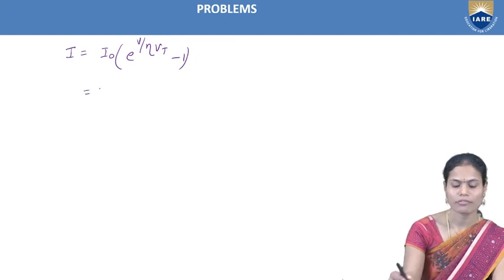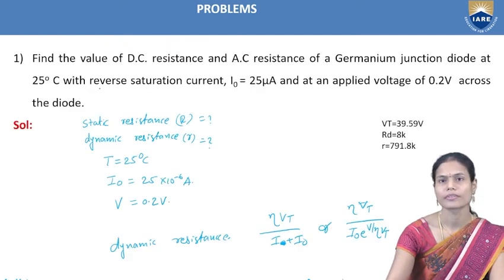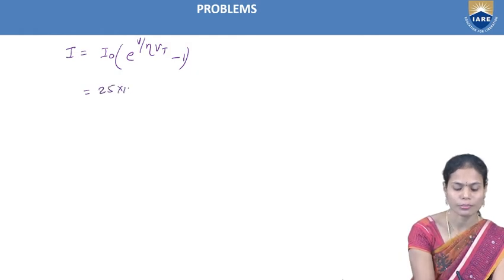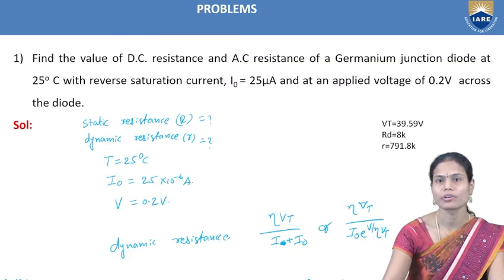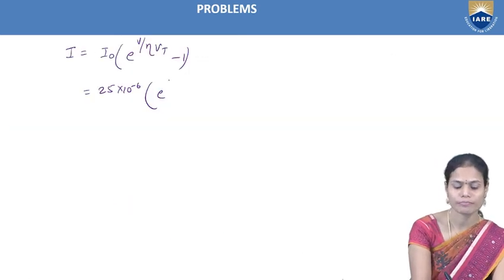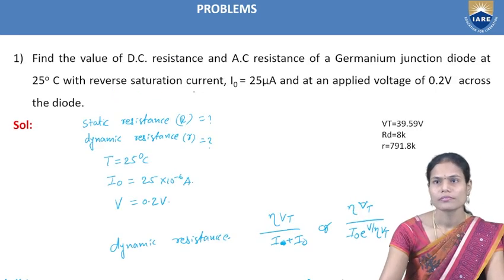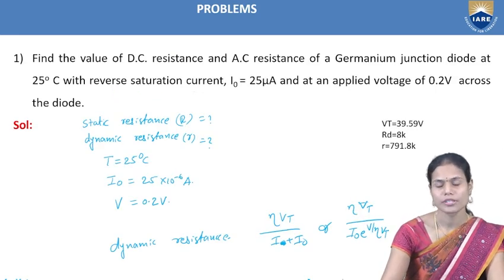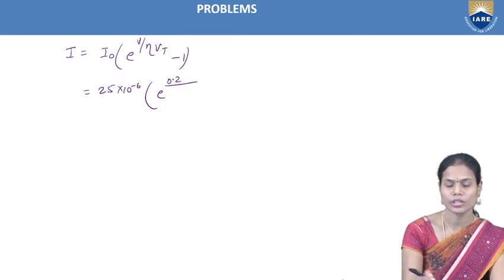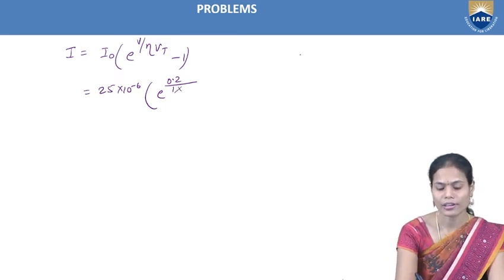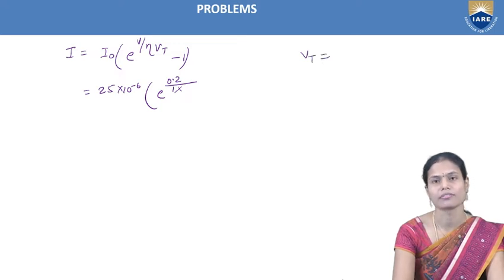Here the I naught value is given, that is 25 microamperes, that is 25 into 10 power minus 6. V is the applied voltage, that is 0.2 volts, divided by eta Vt. Since it is a germanium diode, the eta value is 1. And to calculate this, first we require the Vt value.